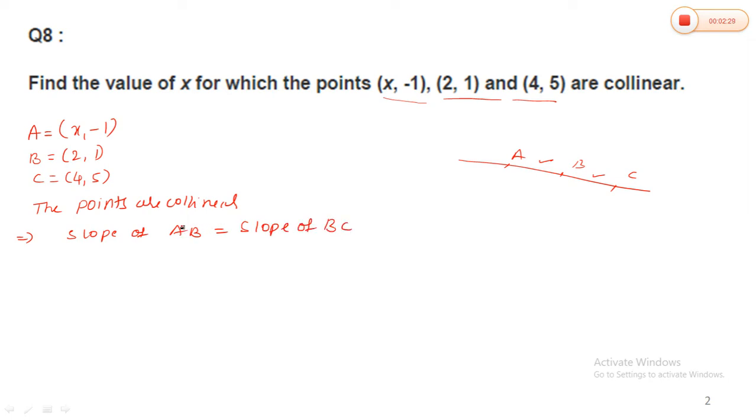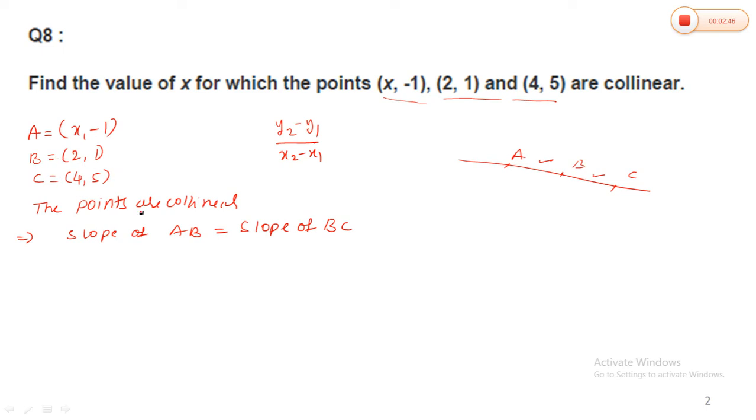So we know the slope formula, that is, when 2 points are given, y2 minus y1 divided by x2 minus x1. You can interchange these also.